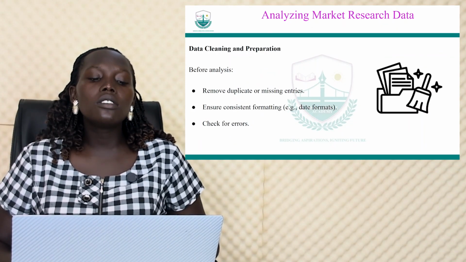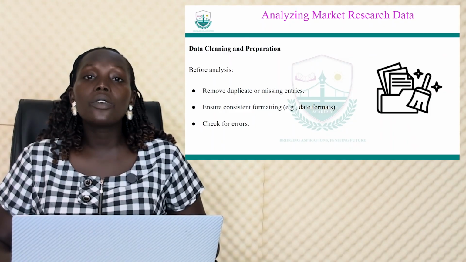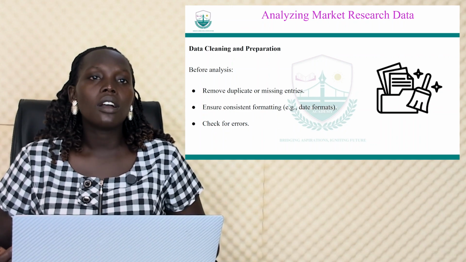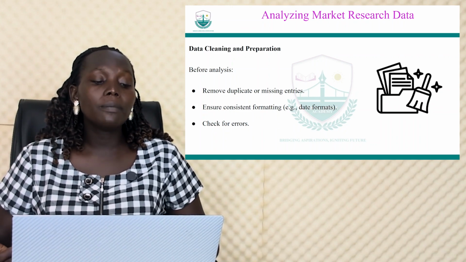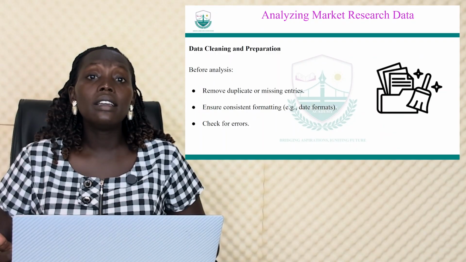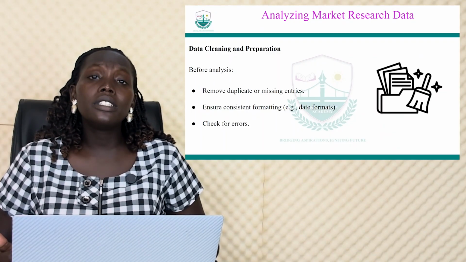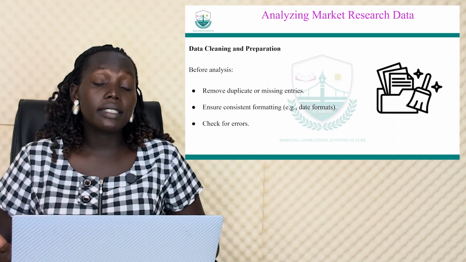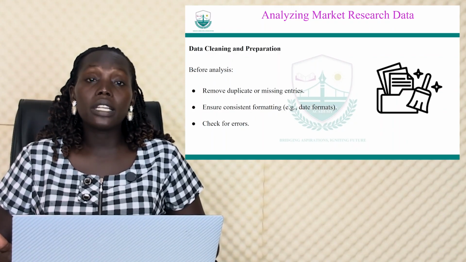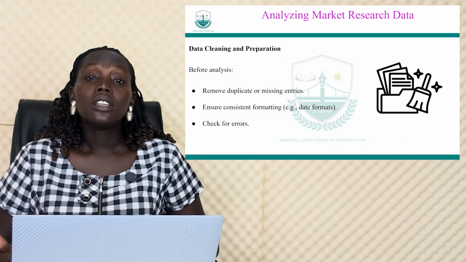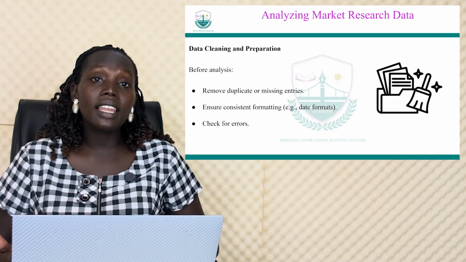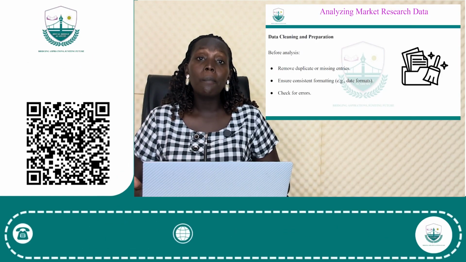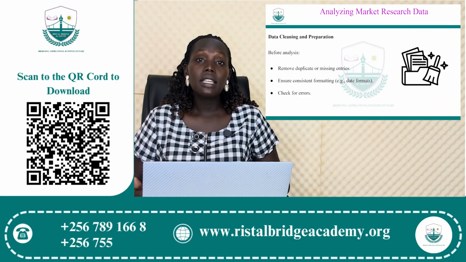And then let's talk about analyzing market research data. How do you analyze this market research data? One, we have data cleaning and preparation. This is involved before analysis. We need to remove the duplicate or the missing entries. So before you analyze, you have to first remove the duplicate data and also the missing data.